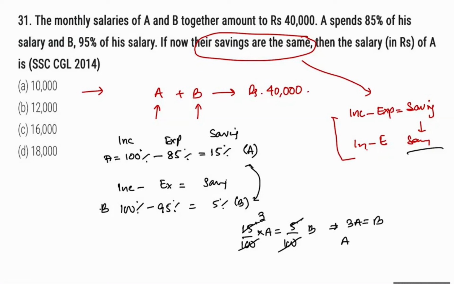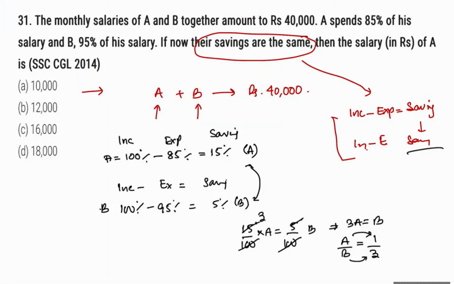A by B, the ratio comes to 1 to 3. Question: the salary of A and B, if their savings on the monthly salary together amount to 40,000. Monthly salary amounts to 40,000.